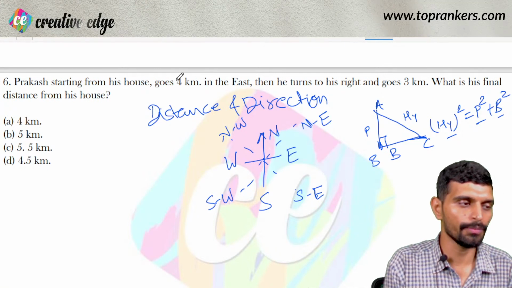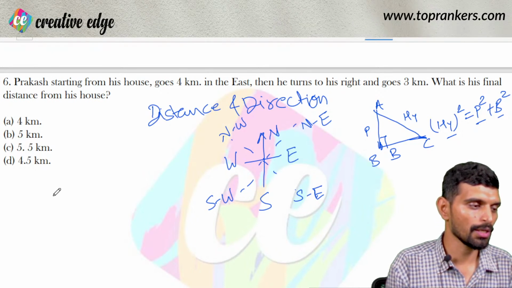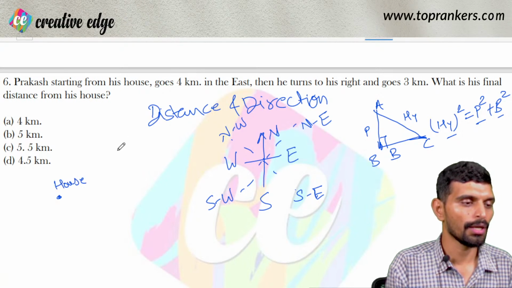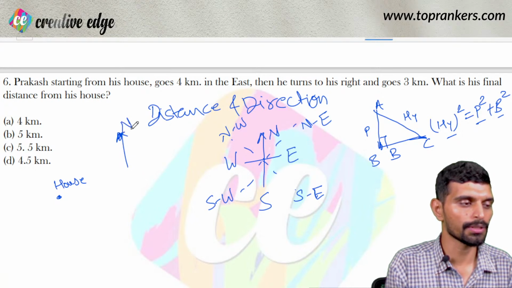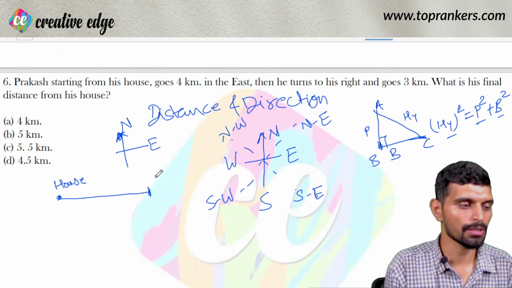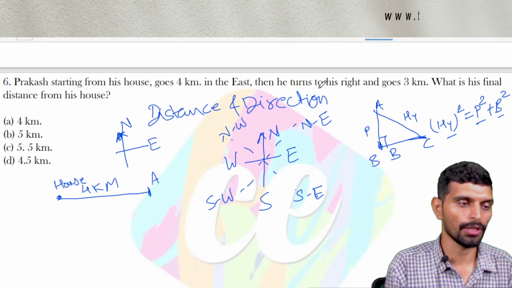Prakash, starting from his house, goes 4 km in the east. So let's say this is his house, and we consider the upper side as north, so this will be east. Prakash goes 4 km towards east to point A. So this distance is 4 km.